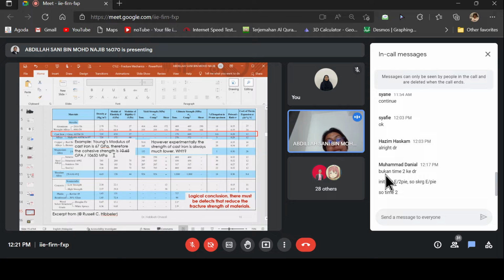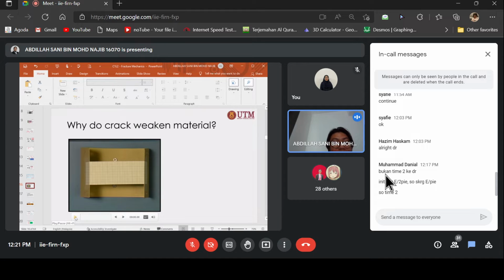So look at this video made by Dr. Viba. It's a very interesting one. So you take one piece of paper, you try to stretch it. Maybe it's difficult, but when you put some notch, it breaks easily.